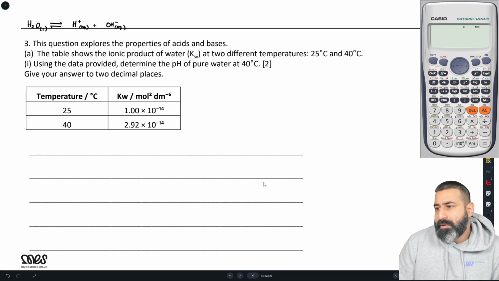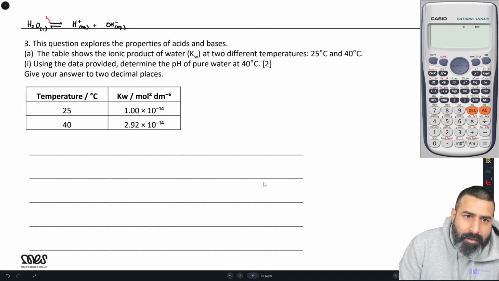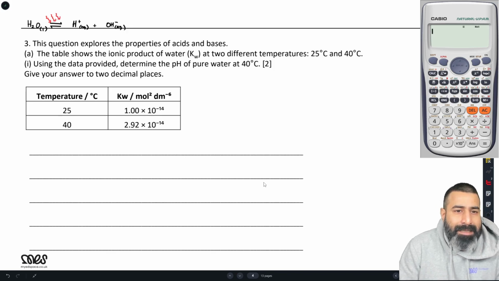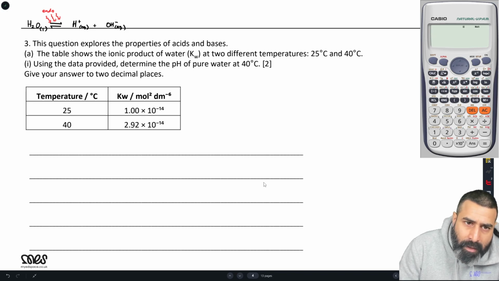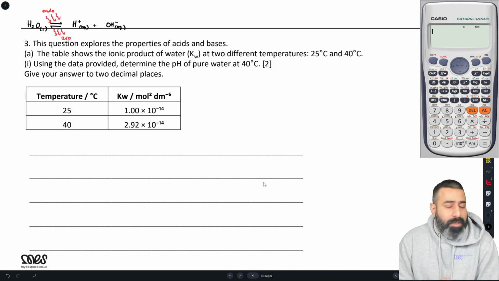Now the forward reaction is endothermic. So we're breaking bonds in the water, and that's taking in heat, and we're generating a proton and hydroxide ions. Okay, so the reverse reaction, because we're bond forming, that is exothermic.